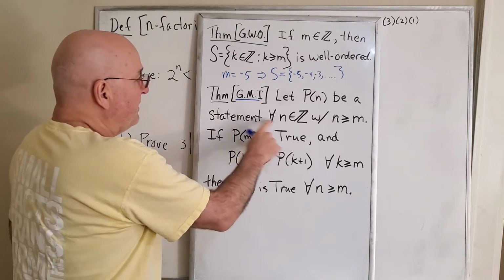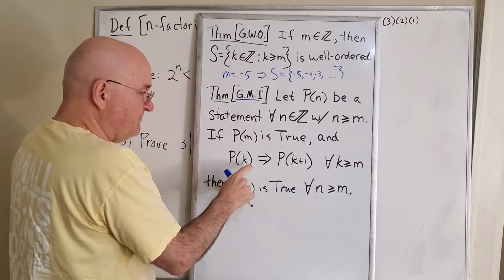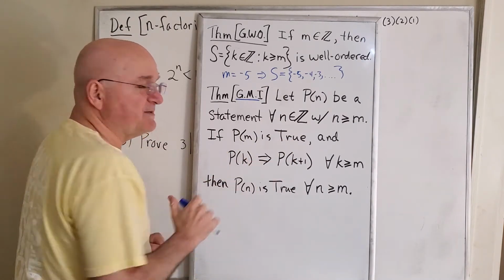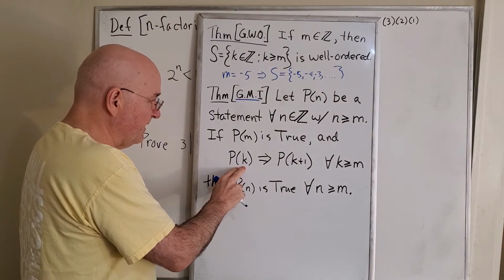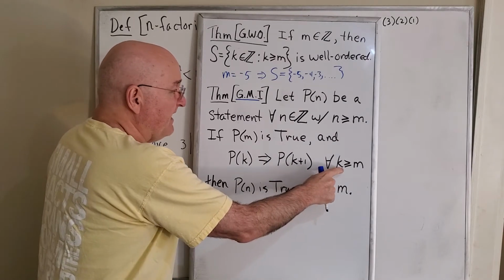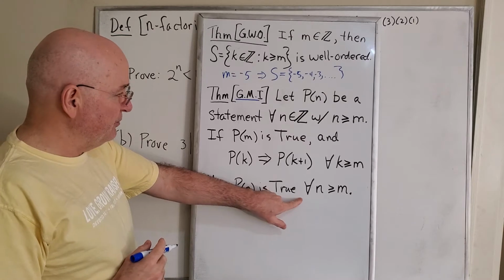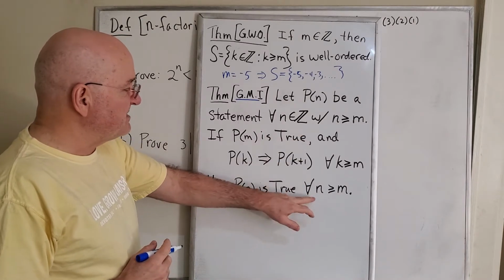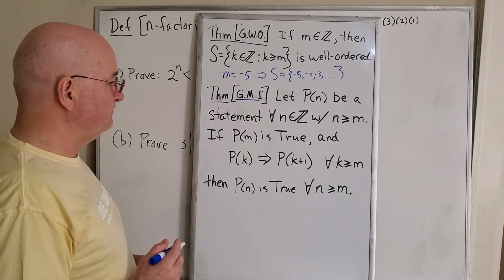If Pm, which would be the smallest one, is true, and just like before, Pk implies Pk plus 1, and again, that means Pk being true implies that the next one, Pk plus 1, is true for all k that are greater than or equal to m, then Pn is true for all of those statements we defined, for n greater than or equal to m.